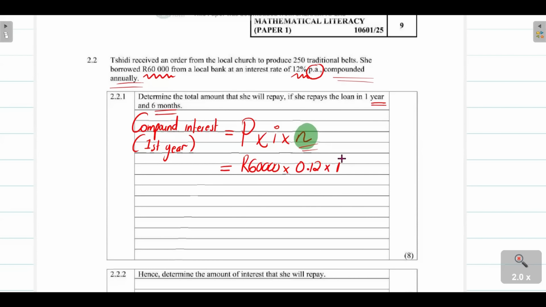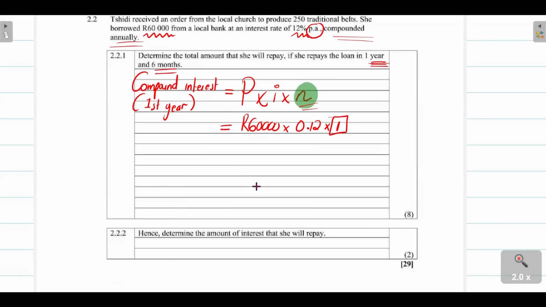Remember, the term always stays as 1 when you're doing compound interest calculations, because if the interest is added per year, you just repeat the process for however many years the person took out the loan. If 5 years, we repeat these calculations 5 times. If 3 years, we repeat it 3 times. But it will still always be 1, we're just repeating the calculation.